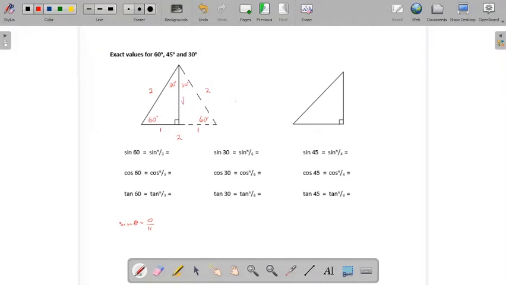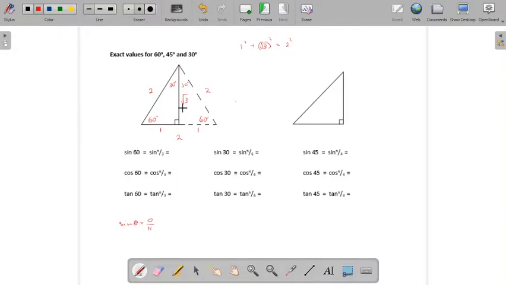This would be root 3. If we go 1 squared plus root 3 squared, that's the same as 2 squared. So this length here is root 3.